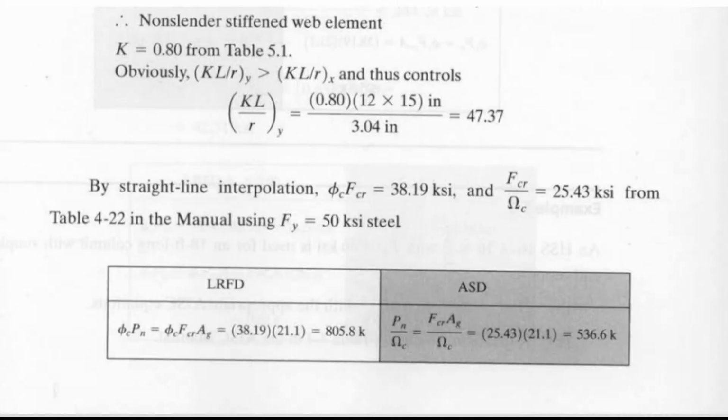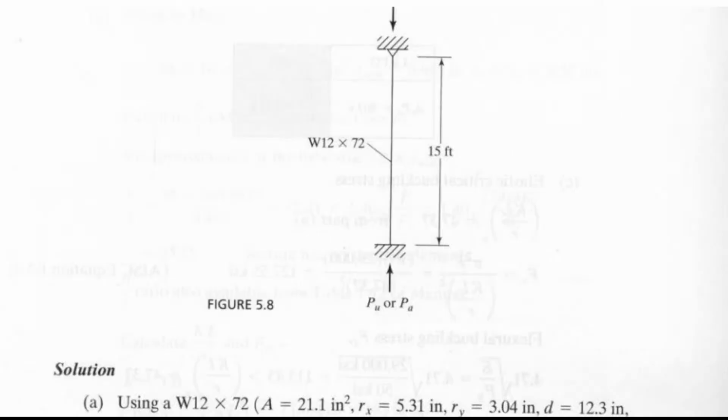So from the table, we can verify. So FCR, where's our FCR? Here. This one to this one. So 38.9 times area 21.1. Gross area. So here 21.1.